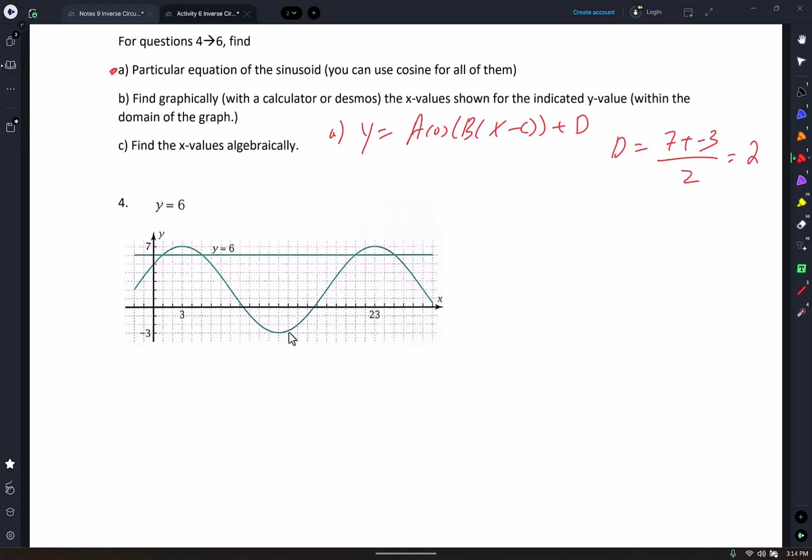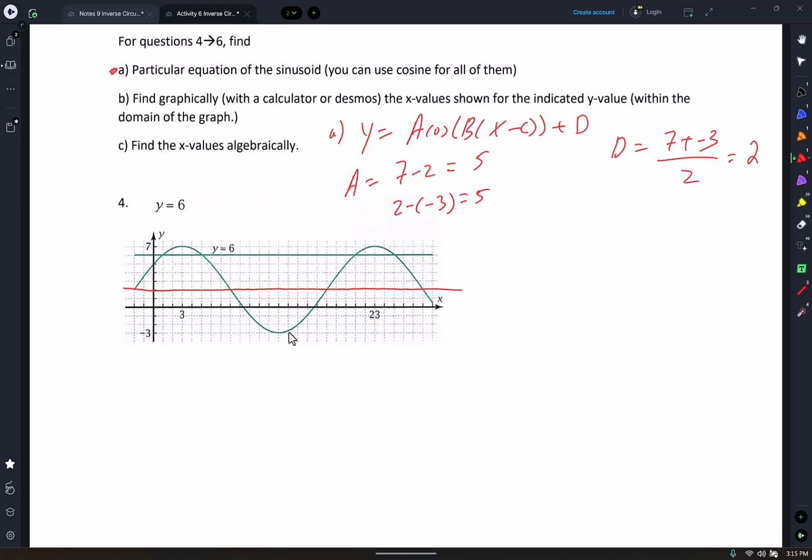So I'm going to go to 2, and yeah, that looks like the middle. The A is the gap between 7 and 2, or the gap between 2 and -3. It should be the same number. 7 minus 2 is 5. 2 minus the -3 is also 5. So the amplitude is 5.